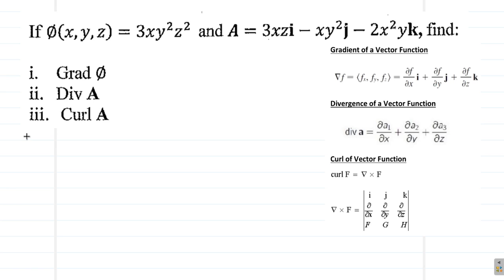remember the grad works on a scalar, and you get a vector from it, right? Now remember, grad is gradient, and to get the gradient function, you differentiate. You have x, y, and z here, so you have to do some partial differentiation.